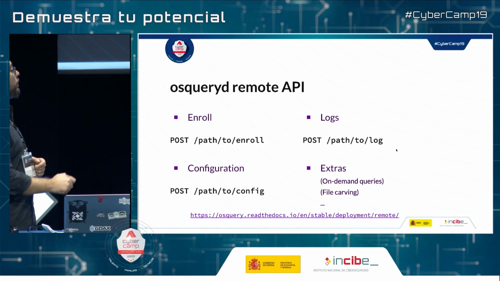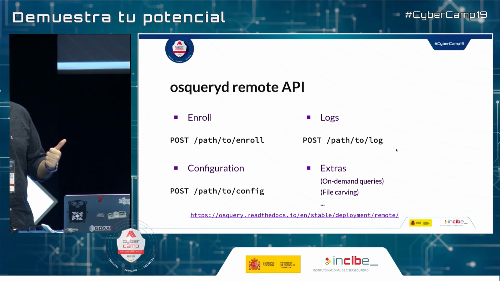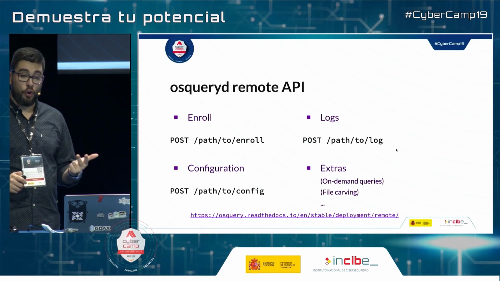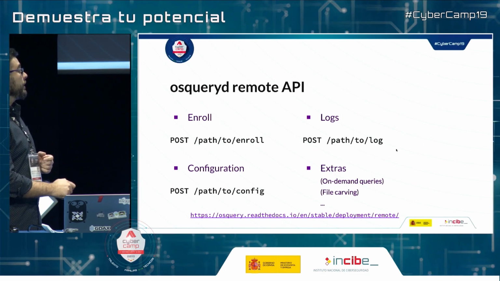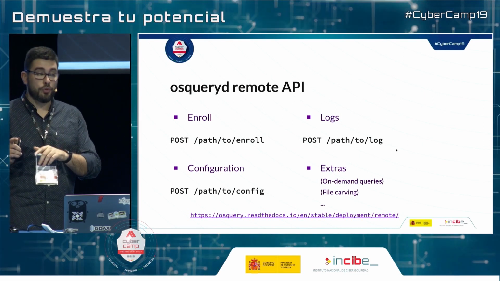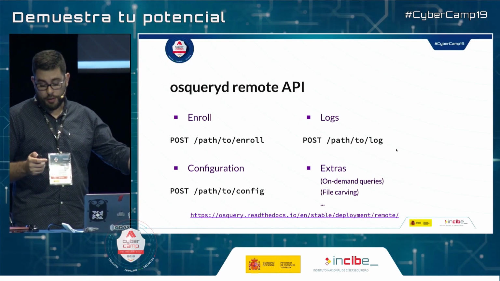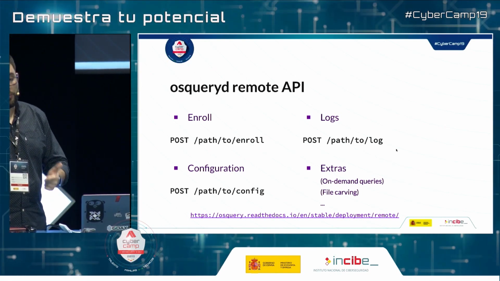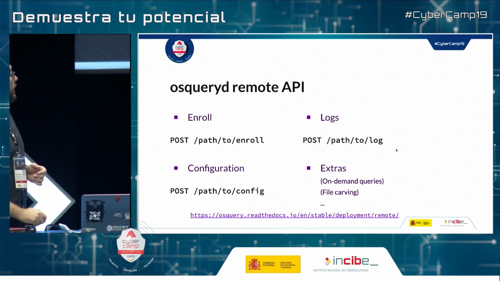It receives another handler to distribute the configuration, another handler to receive the logs. They can be status, results, or query logs. And then you also have to implement some handlers that I'll show you in a moment for on-demand queries, for file carving, and so on. It's not really that complicated.